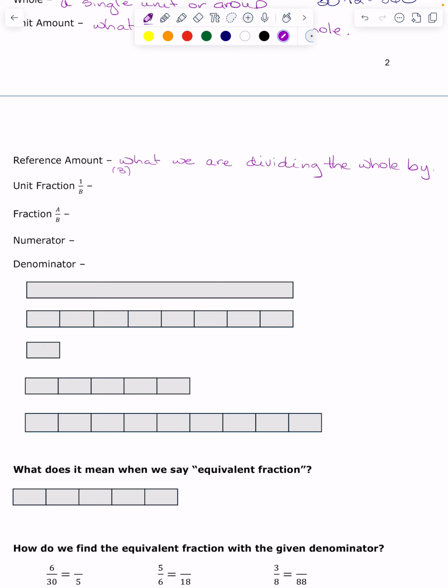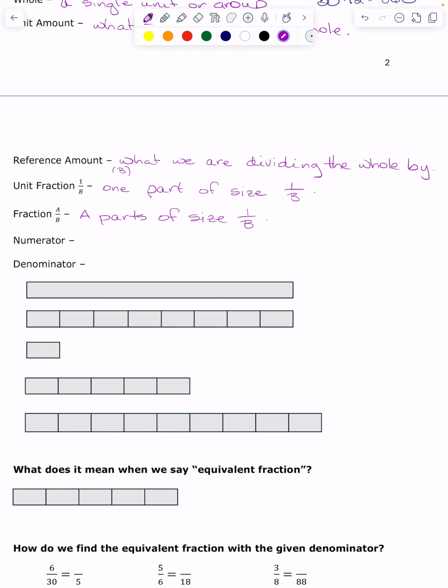Our unit fraction is 1 part of 1 over B, right? It's what we're dividing our whole into, B parts. Our fraction, A over B, means we've got A parts of size 1 over B. So the denominator tells us the size of the part.